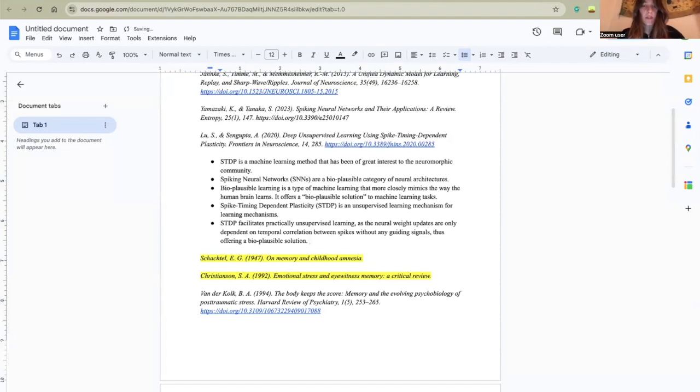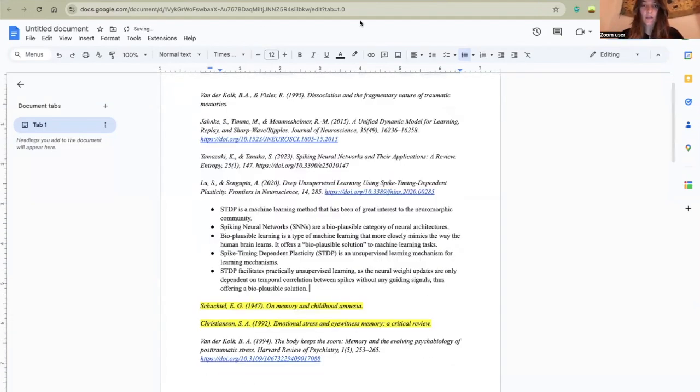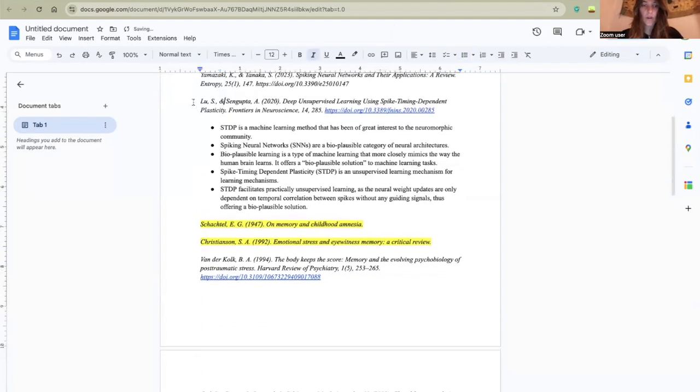I don't fully understand what that looks like and how that works, but I just know that it's offering a bioplausible solution. I think it's probably important for me to include that so that I can explain why I'm using it in the first place. So that's text number one.